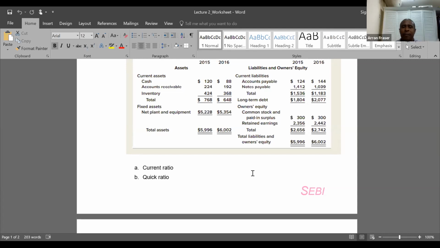I'm saying that for the current ratio, it works out to 0.55 times. So for every dollar of current liability, you have 55 cents of current assets. So certainly it can't cover the current liabilities. Right? Thank you, sir. Okay.